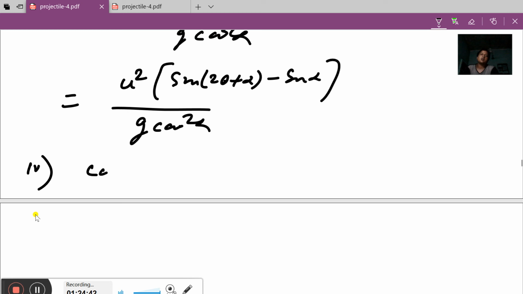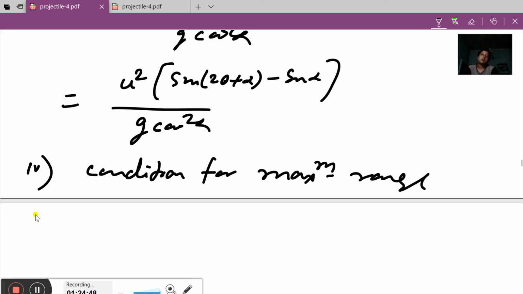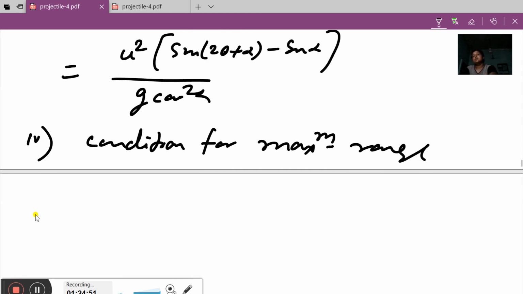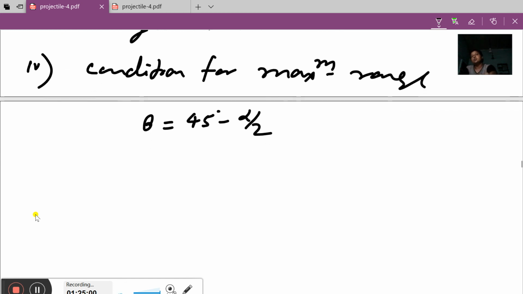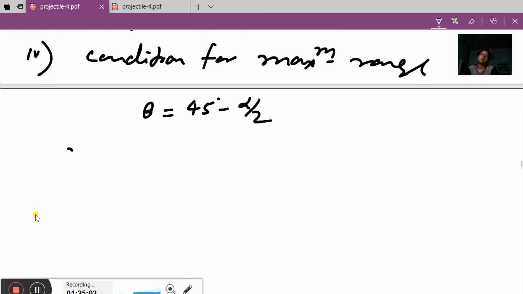Fourth point is the condition for maximum range. Theta is 45 degree minus alpha by 2. That is the condition for maximum range. And what is maximum range?